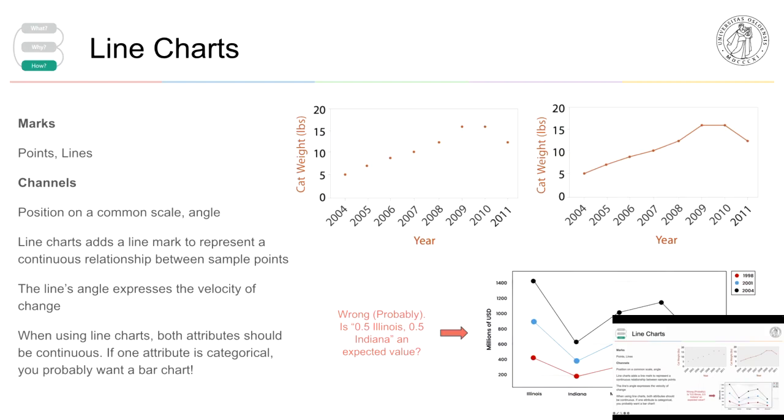But this doesn't really make sense because states are not a continuous relationship. You can't be 0.1 Illinois and 0.9 Indiana, right? You're either this state or this state. So this is probably wrong. In this case, you should use a bar chart instead.